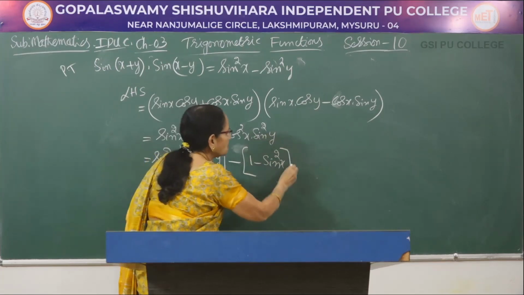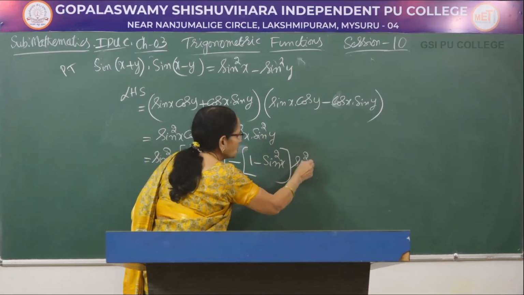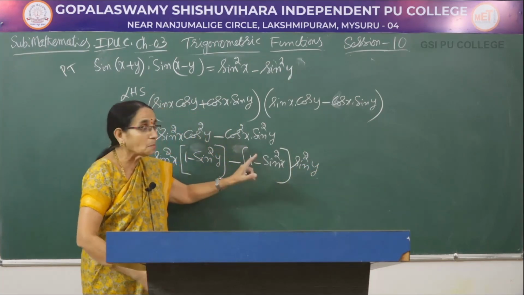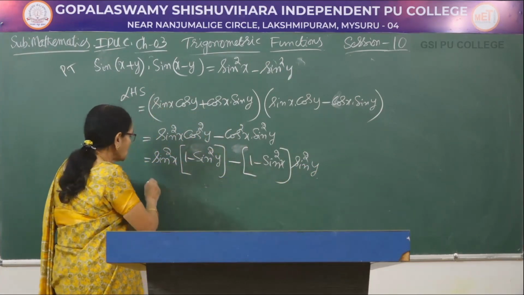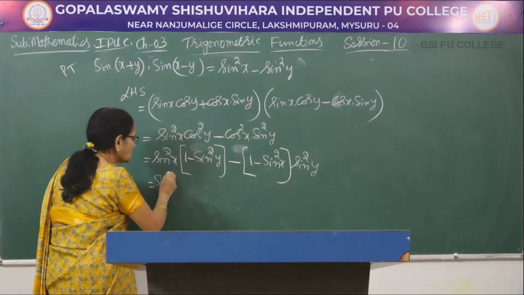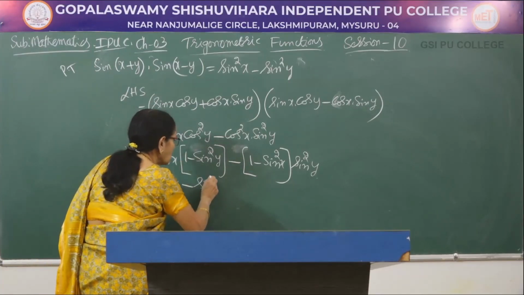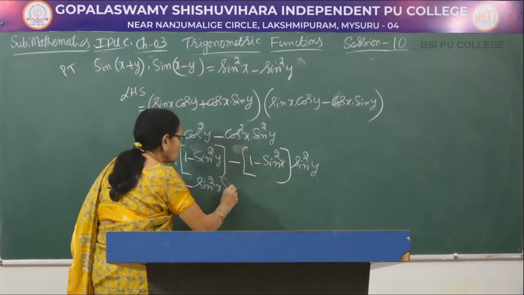Close the bracket, write this as it is. And many students forget to multiply both of them, multiply them properly. Now, this is sin square x into 1 and sin square x into sin square y.